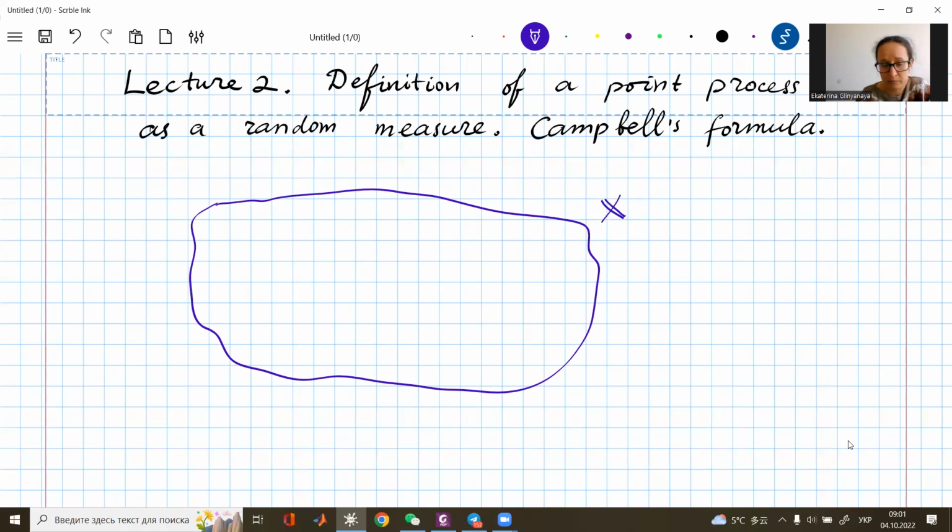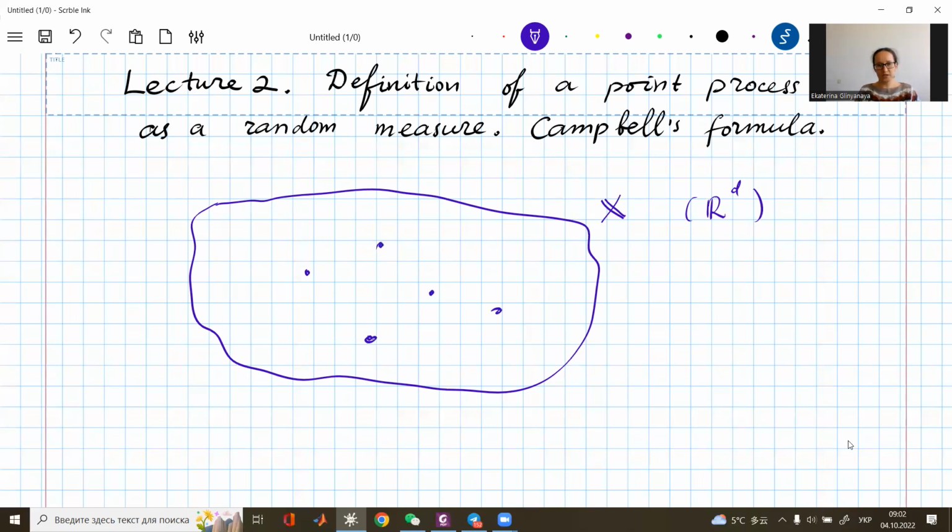So we have some space. You can imagine that this is R^d, for example. This is the most simple case, but nevertheless, it is rather general. So a point process is a random collection of points.